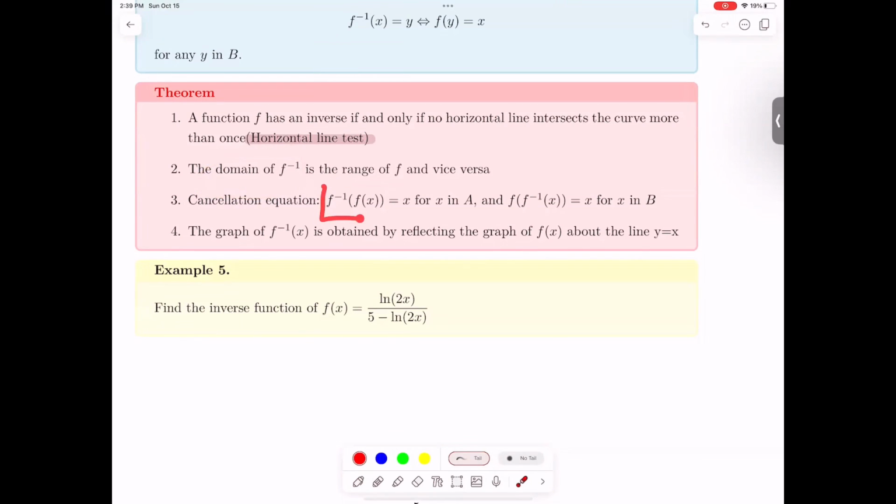And you should know the cancellation equations. Be careful, you should not use this, this cannot be used on trig functions. Why? Because trig functions themselves are not 1-to-1 functions.